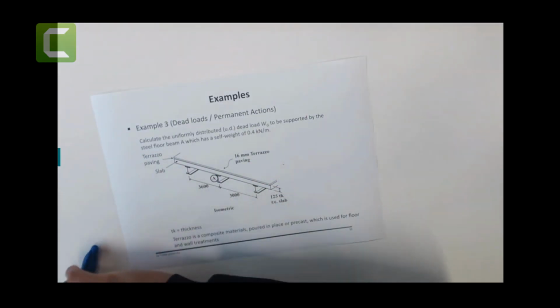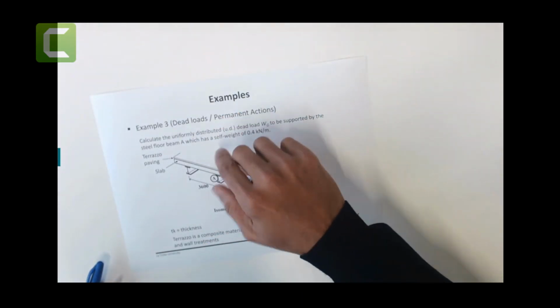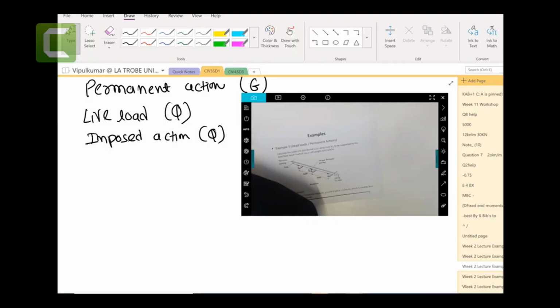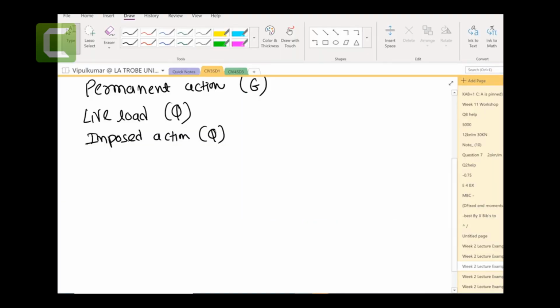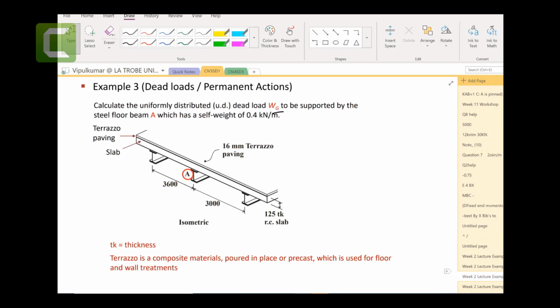So let's work it out one by one, and we will be consistent with the unit, which will be in kilonewton per meter. So let me draw it up here. These guys are going to apply the load in that fashion, right?